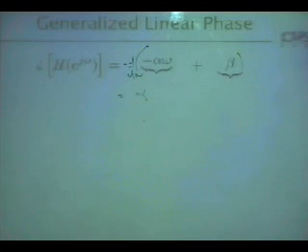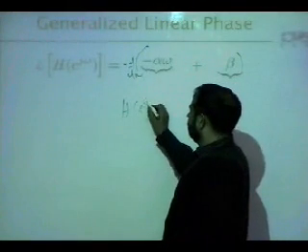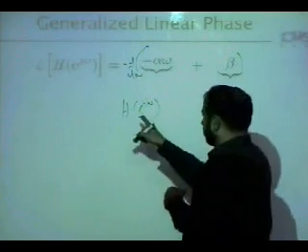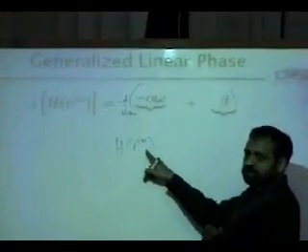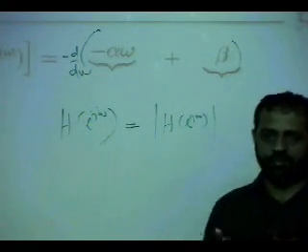Okay. So what are we getting at? We are getting at an H. If you are designing an FIR filter, always try to get a frequency response H of e to the j omega which is equal to something which is real, which is just the magnitude term.